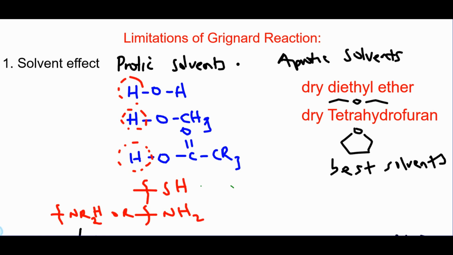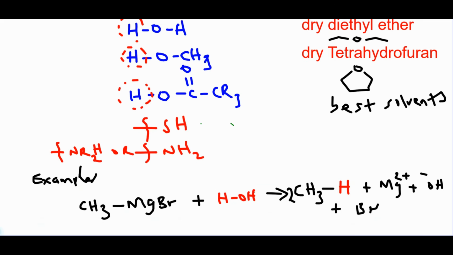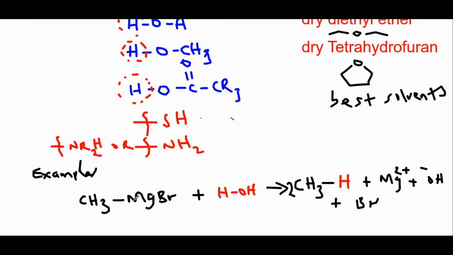Okay, so an example of that is here. This Grignard being reacted with another compound, for example acetone. You want to do a Grignard reaction between this Grignard and the acetone, a carbonyl-containing compound, and there's water in there as a solvent.